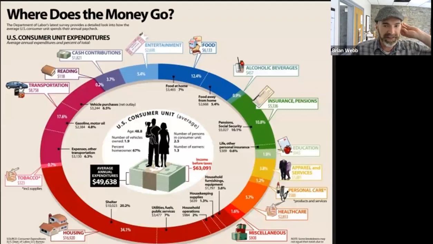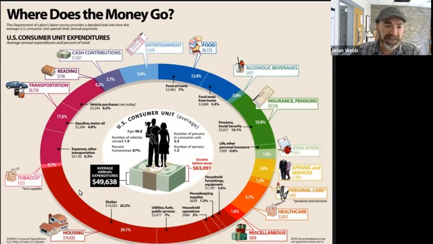And you can see some really interesting breakdowns here in terms of where our percentage of spending tends to go. The biggest one being for our housing, about 20% for housing itself, and then another 7% or so for various utilities, and then other household furnishings. So a pretty big chunk, about a third of it all together, to our homes.